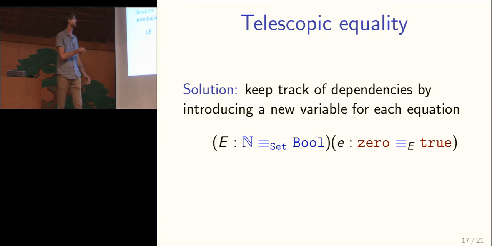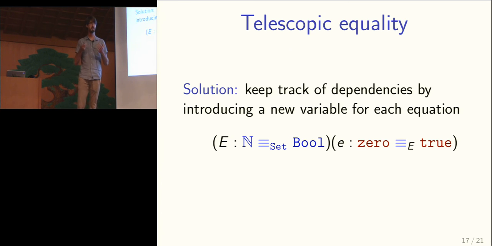So for example, we can have the first equation between n and bool, and then the second equation between 0 and true has type this equation. So this allows us to keep track very precisely of the dependencies, and in particular, it allows us to see when an equation becomes homogeneous again, because heterogeneous equality didn't allow us to do that.